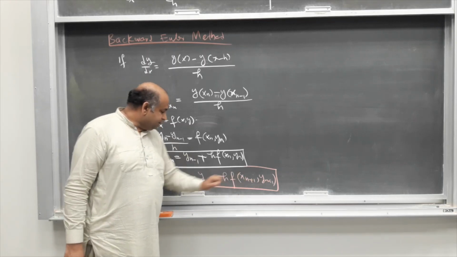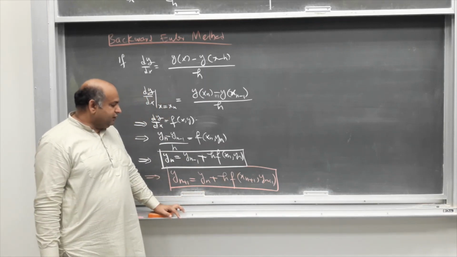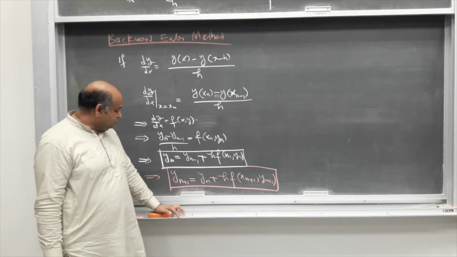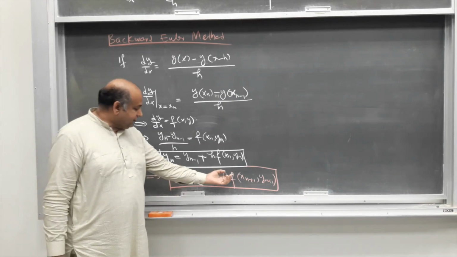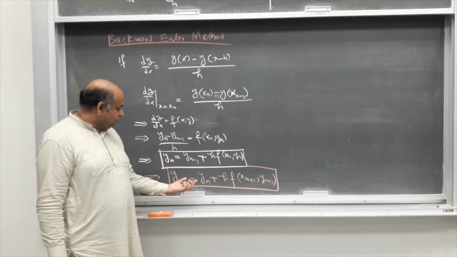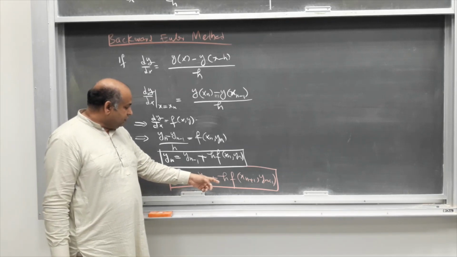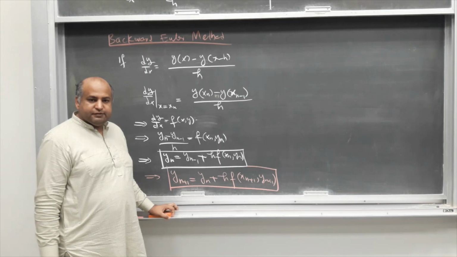The problem is this. So this is an implicit equation, and there are several methods that we can use to find yn plus 1. Maybe for each x, we can use Newton-Raphson at each point to solve this equation for yn plus 1, and maybe other methods.